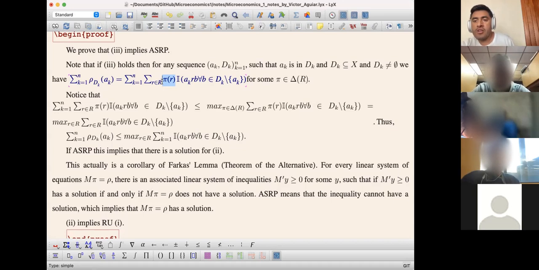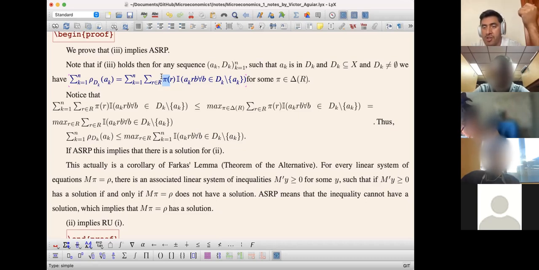And in doing so, I'm going to generate an upper bound, right? So without knowing pi, I'm going to be able to generate an upper bound of the summation of rho on the left-hand side. So just to be clear, the left-hand side here is data. The right-hand side here is a model. Pi is the description of the model, the random utility. Pi is unknown, so it's an issue.